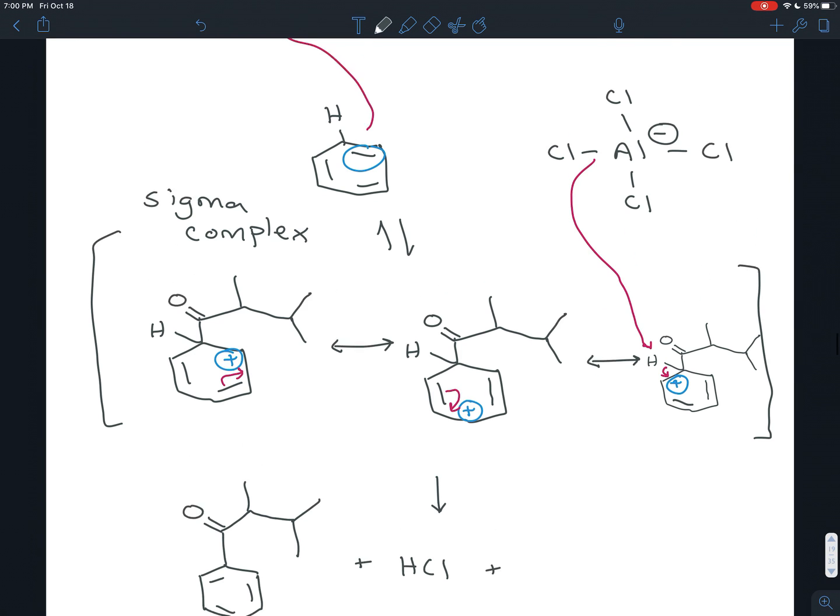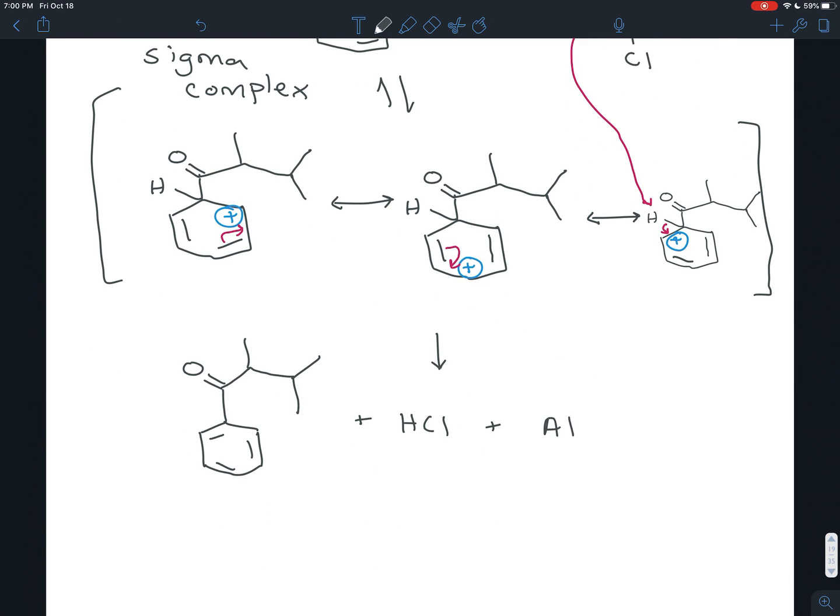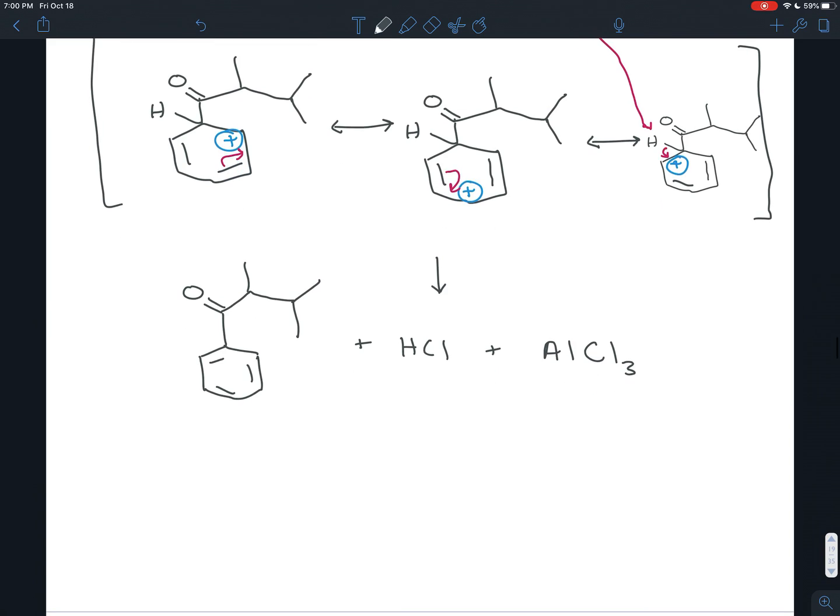And you have the aluminum catalyst back, AlCl3. So you can think of this in two ways. You ended up putting this acyl group on the benzene. That's one way you can think of it. The other way you can think of it is you replaced the chlorine with a benzene ring. You added a benzene ring onto what was the acyl chloride.